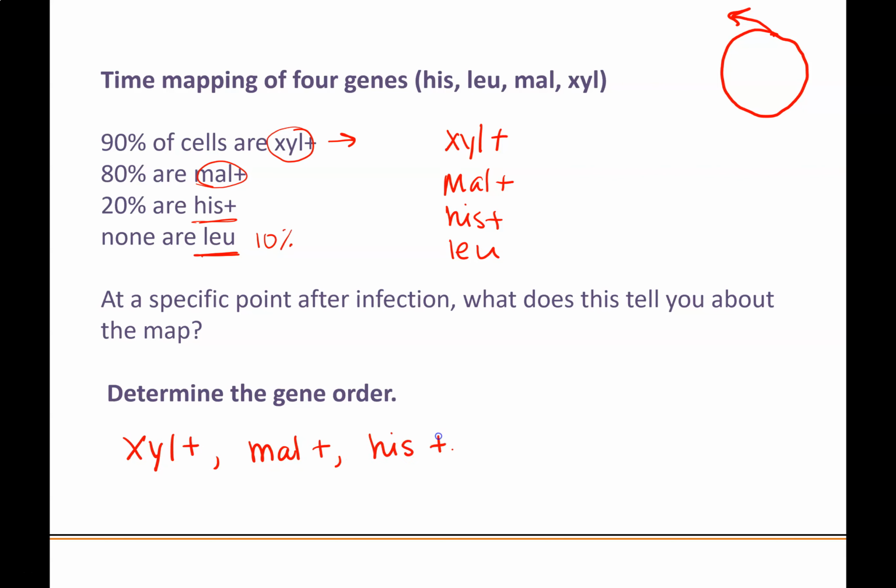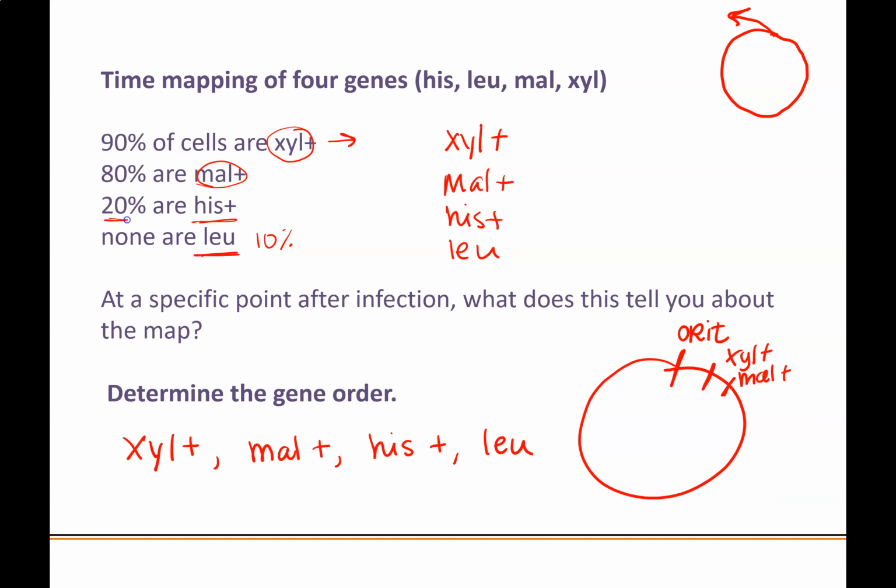So our gene order is going to be XYL, MAL, His, and LU. If we put this on a circular chromosome and we label our ORET site, the first gene after that is going to be the XYL. Close to that, because most of them have it, is the MAL gene. Far away, because only 20% have it, is going to be the His.